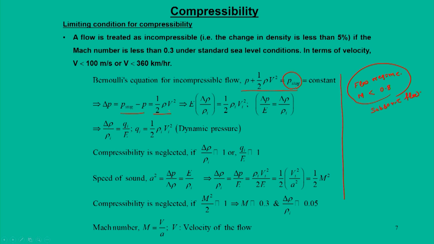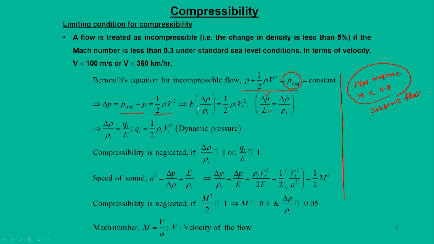From our previous analysis, we found that delta P by E is equal to delta rho by rho. So from this expression, we can find delta P in terms of E and density change.